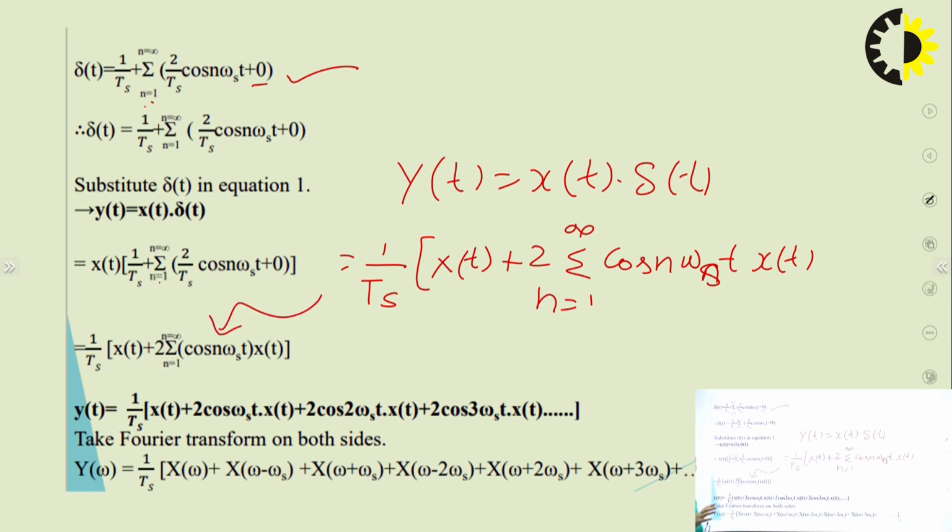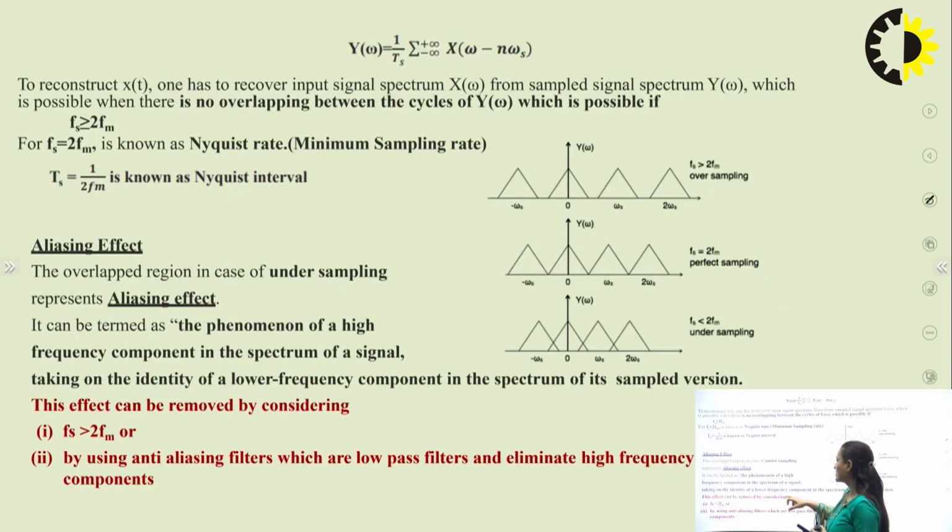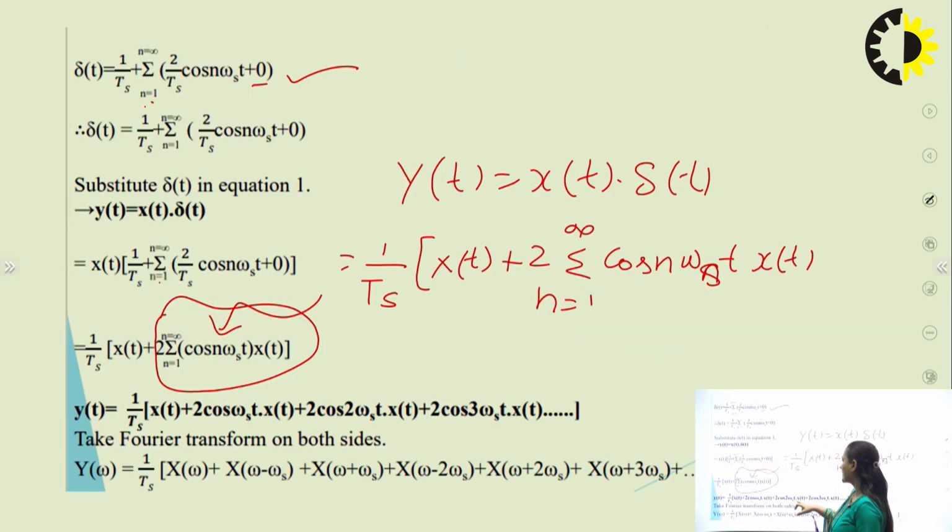This is in terms of the time domain only, right? So in the time domain, it comes out to 1 upon Ts x(t) plus the summation from n = 1 to infinity. If we open this summation, we can write twice cos(ωs t) x(t), plus now n = 2, twice cos(2ωs t) x(t), now n = 3, plus twice of this.